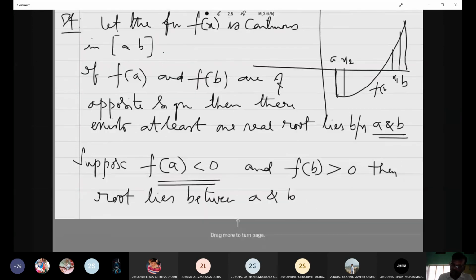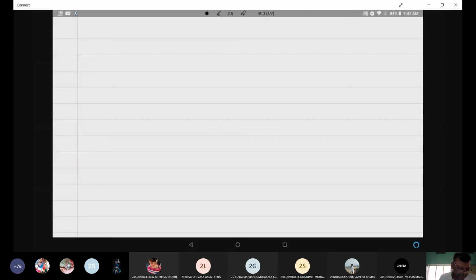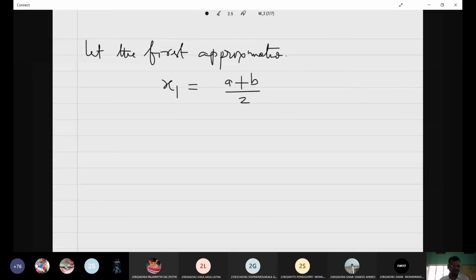Now we have to write down the points like this. Let the first approximation be x1 is equal to a plus b by 2. Suppose we substitute the value of x1 in the equation and it is satisfied, then that is the root. Suppose f of x1 is equal to 0, then x1 is the root of that equation.